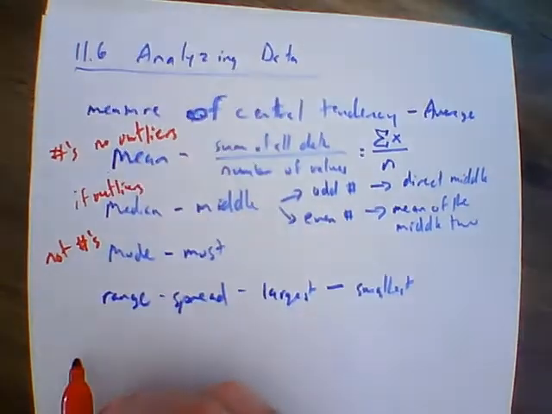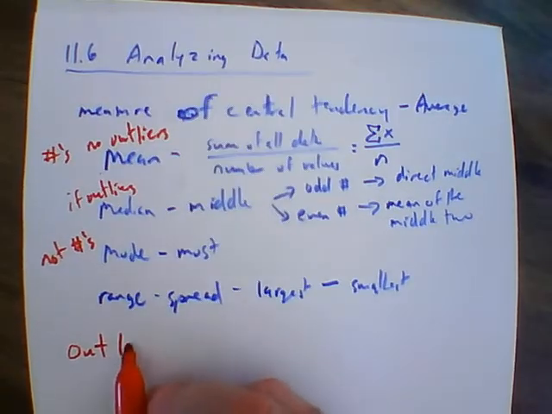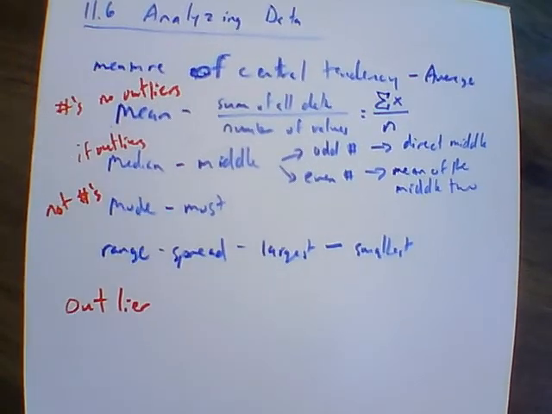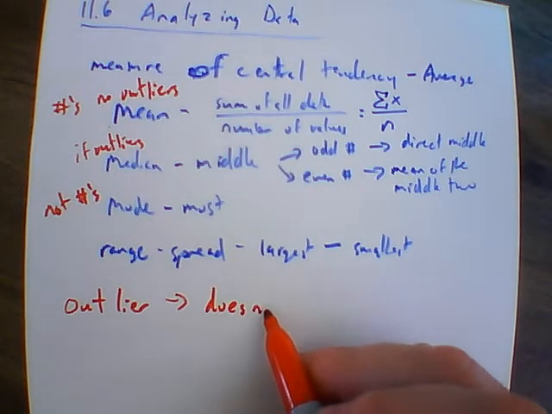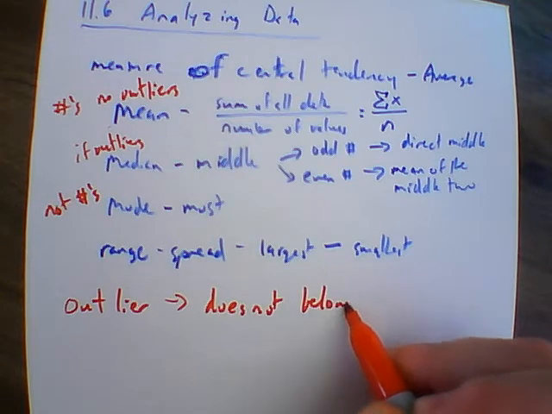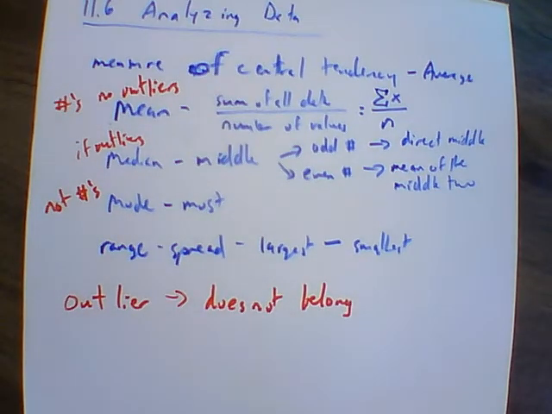Now, I did mention outliers, okay? An outlier is a number that does not belong with the set. Now it doesn't mean it's not part of the set. It just doesn't fit in with everything that's going on.